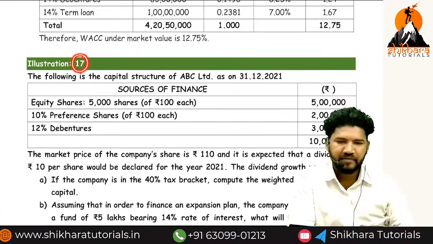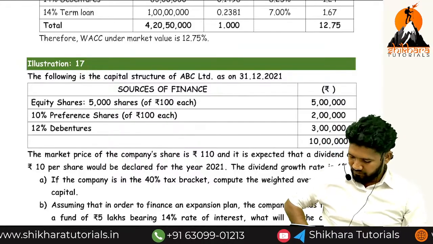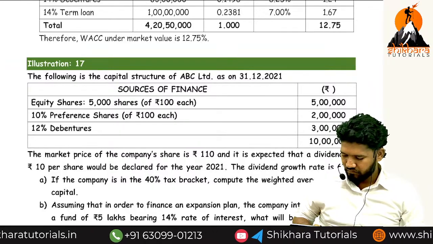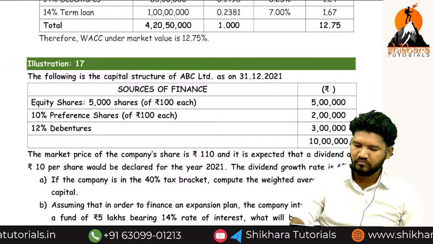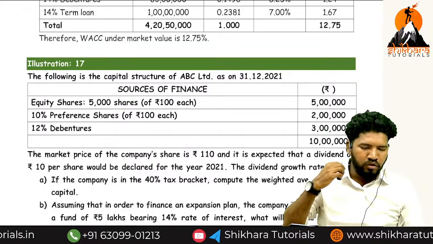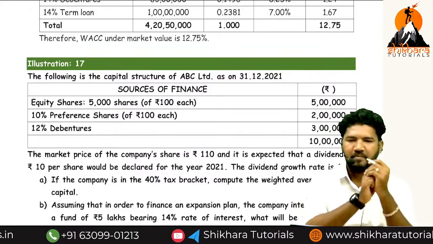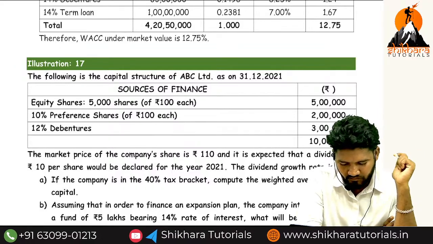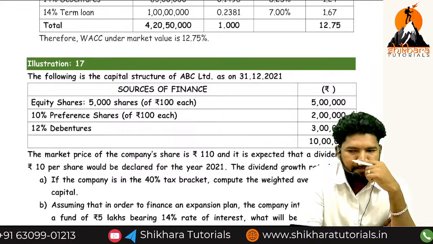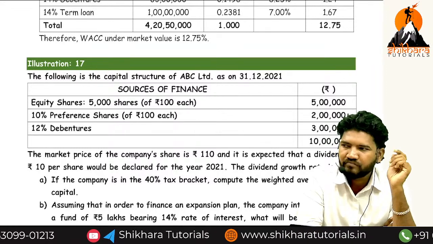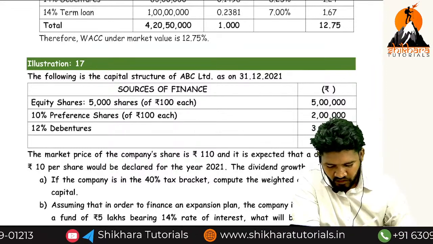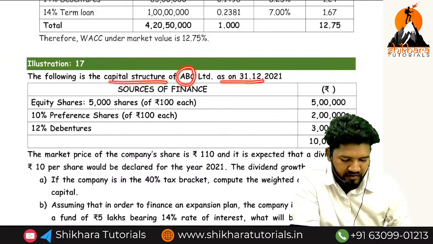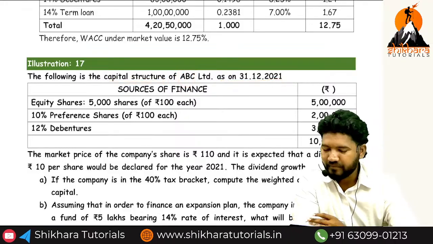Illustration number 17. The following is the capital structure of ABC Limited as on 31st December 2021.